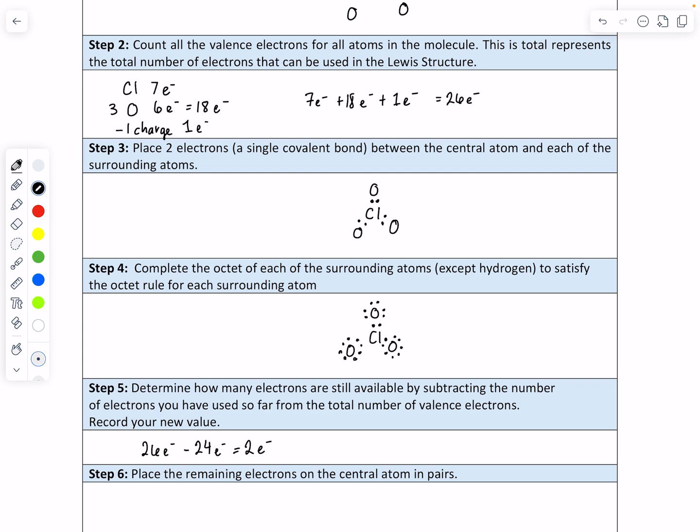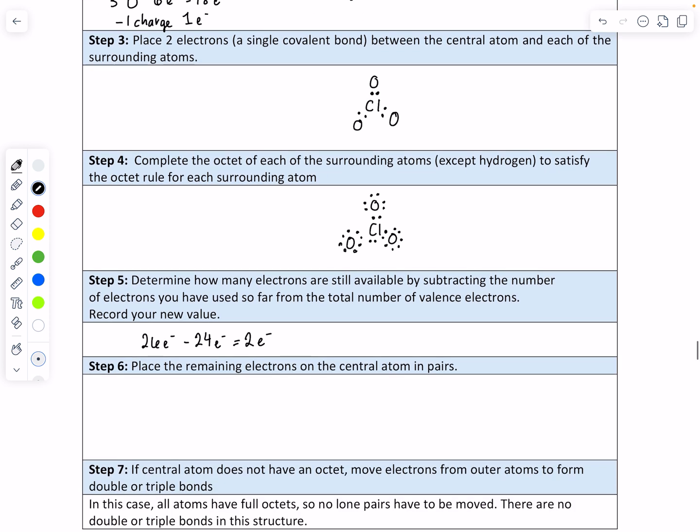We're going to place the remaining electrons on the central atom. I'm going to do that here.